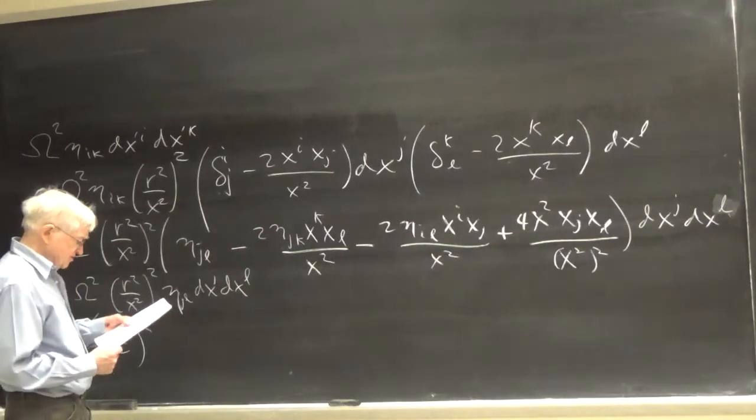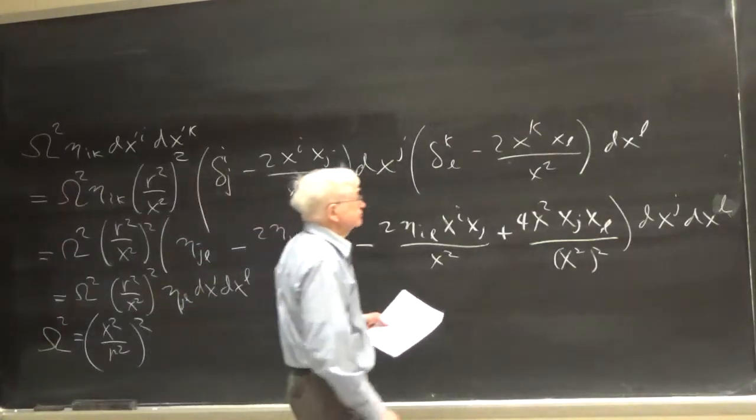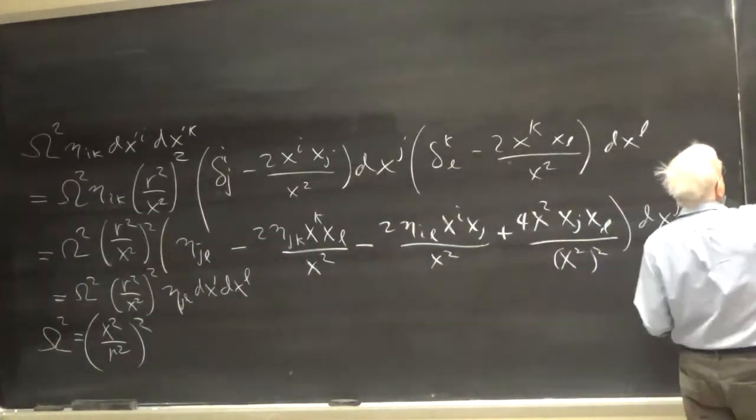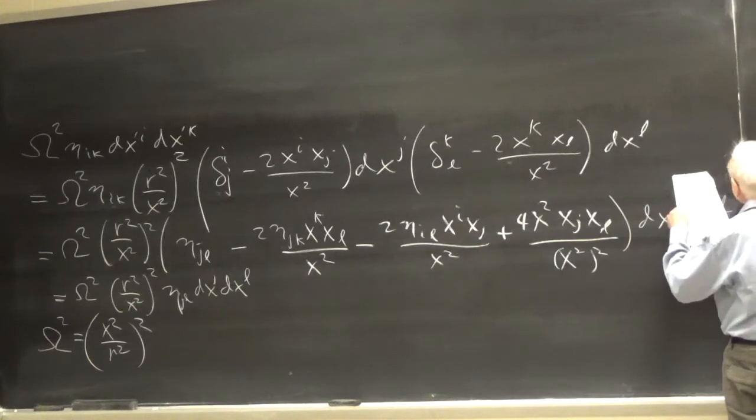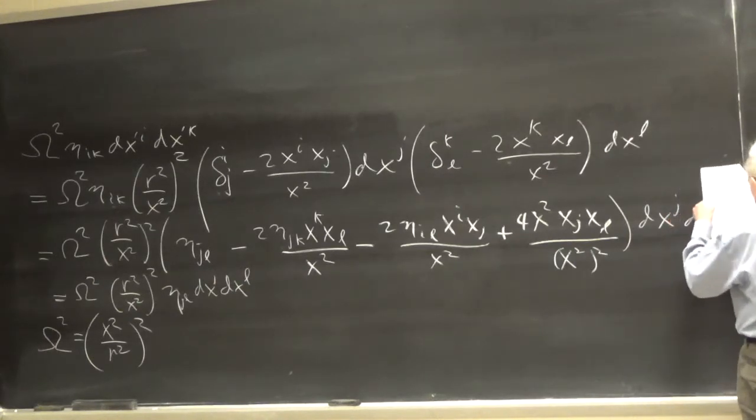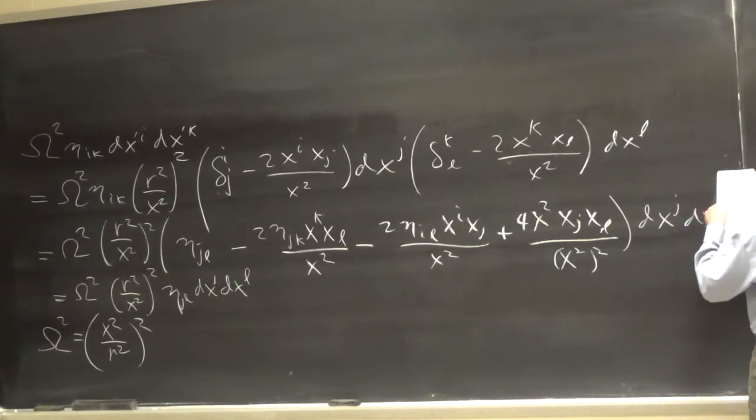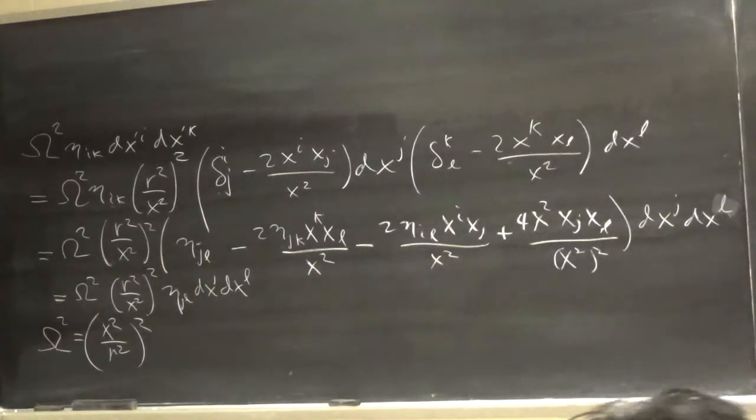And so what we're going to do is first let x^i go to x^i over x squared. This is an inversion.